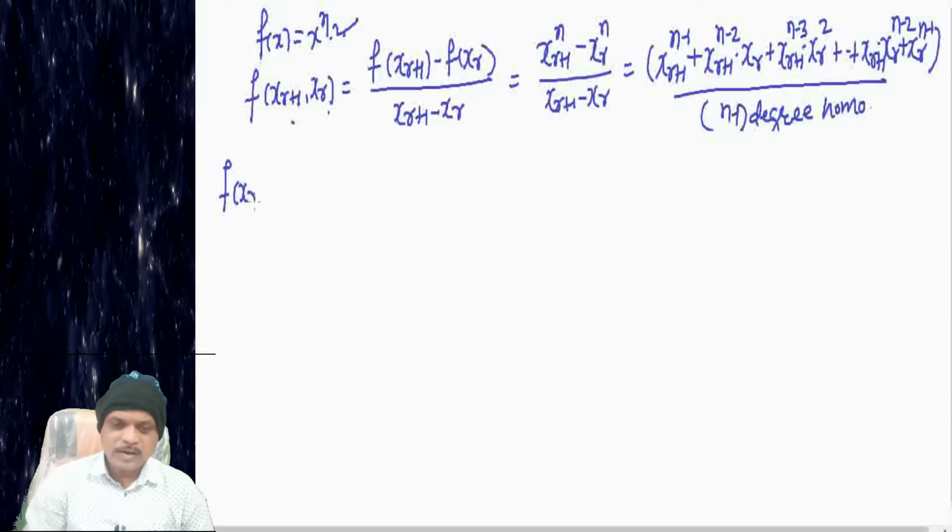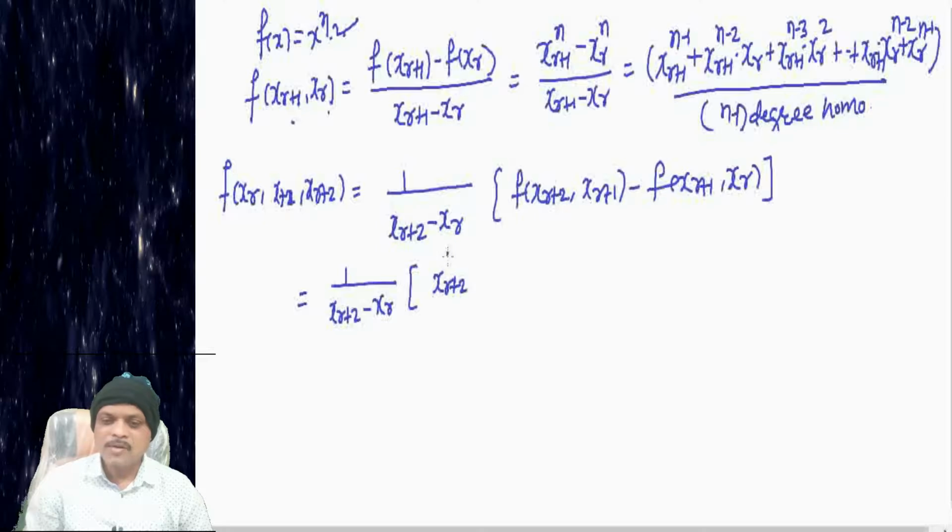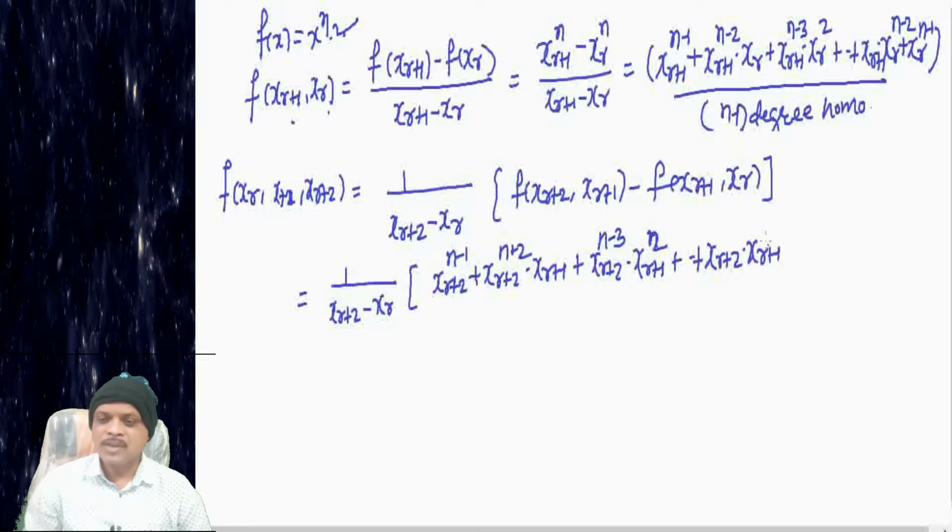f of x_r, x_{r+1}, x_{r+2} is equal to 1 divided by x_{r+2} minus x_r into f of x_{r+2}, x_{r+1} minus f of x_{r+1}, x_r, which equals 1 divided by x_{r+2} minus x_r into x_{r+2} raised to n minus 1 plus x_{r+2} raised to n minus 2 into x_{r+1} plus x_{r+2} raised to n minus 3 into x_{r+1} square plus x_{r+2} into x_{r+1} raised to n minus 2 plus x_{r+1} raised to n minus 1.